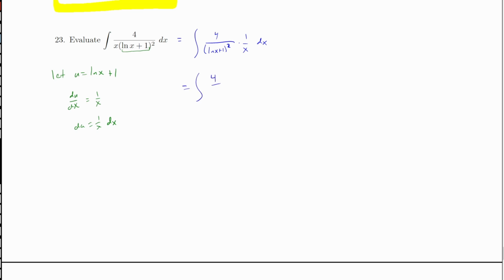So I have 4 over u squared du, which is 4u to the negative 2 du. And now I'm ready to integrate. So we use the power rule. I add 1 to the power, divide by that new power. So I have negative 4 over u plus c. U is ln of x plus 1. So we get negative 4 over ln of x plus 1 plus c, and that is our answer.